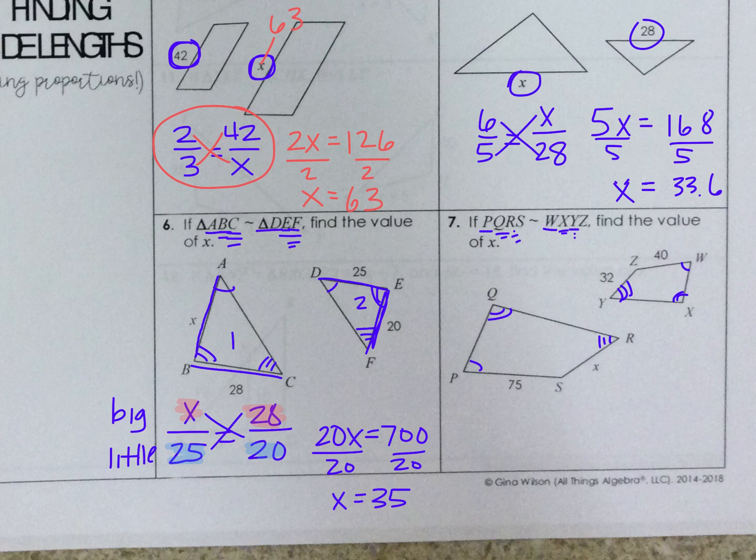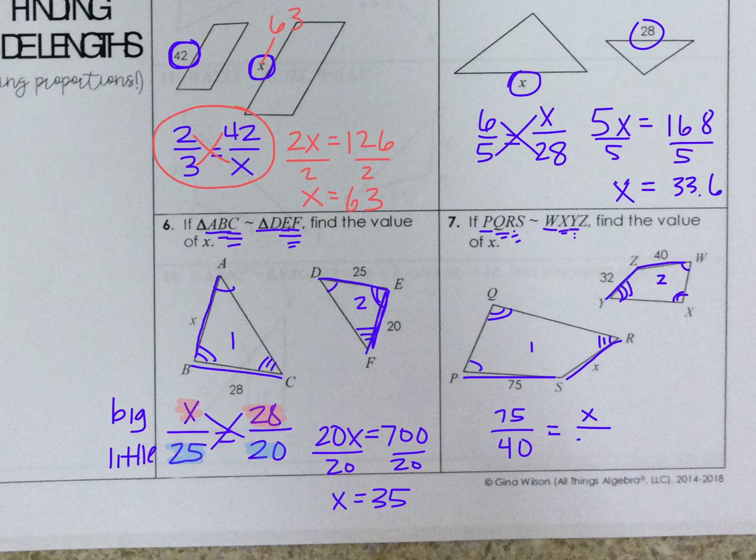All right. So I'm going to start with my big one and then go to my little one. I know the 1 mark to the nothing mark is a 75 on my big one. 1 mark to nothing mark is a 40 on my little one. I know nothing to 3 marks is an X on my big one.